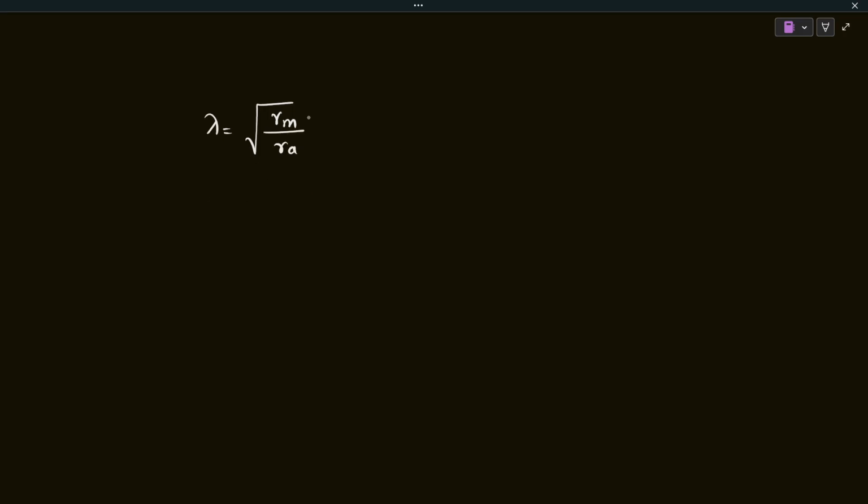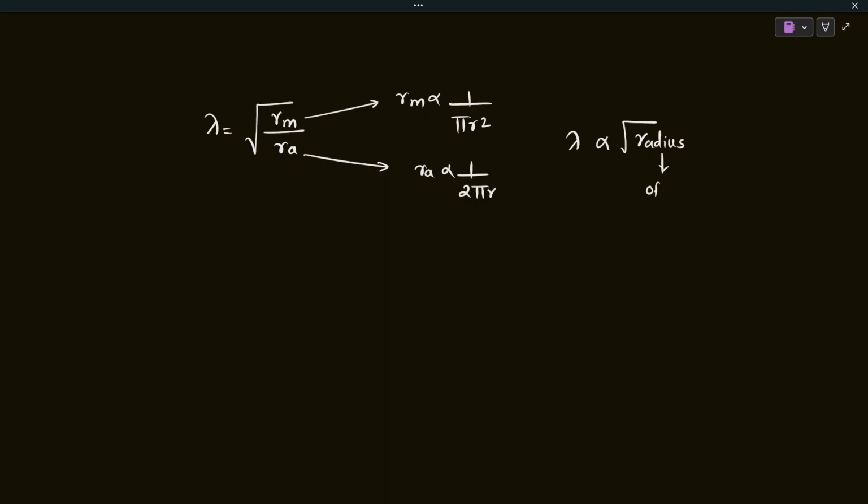The membrane resistance is inversely proportional to cross-sectional area, and the axoplasmic resistance is inversely proportional to pi r. The balance between them gives the length constant, and that is why the length constant is directly proportional to the square root of the radius of the axon.